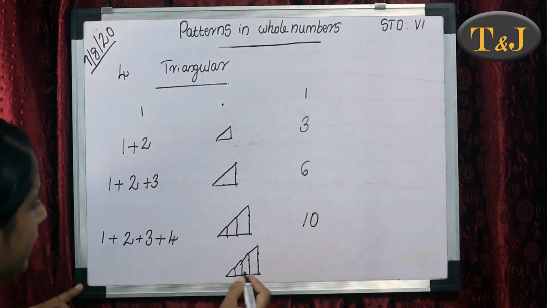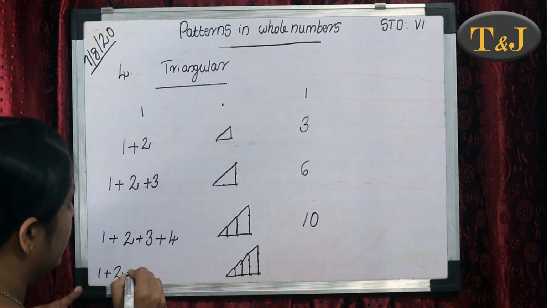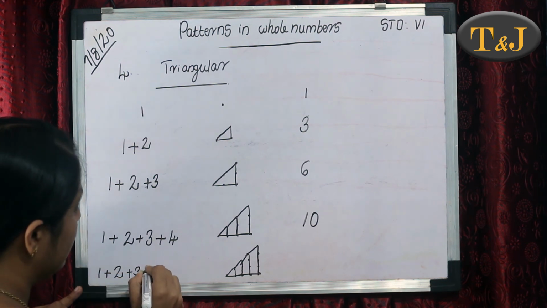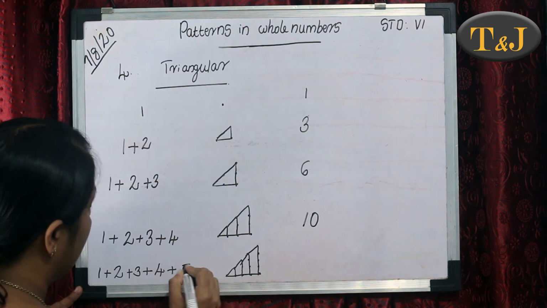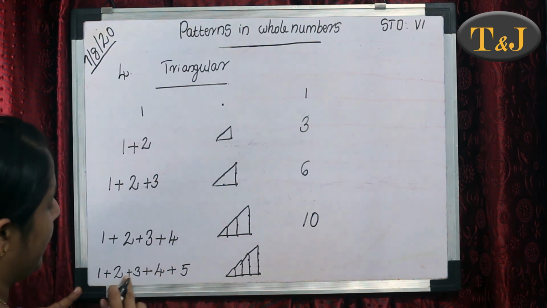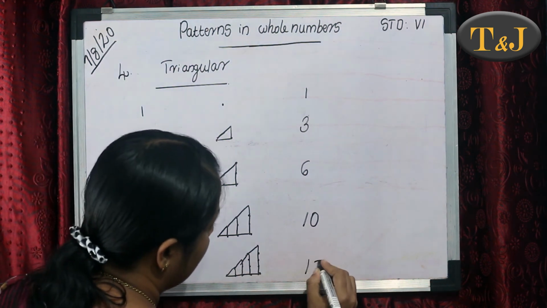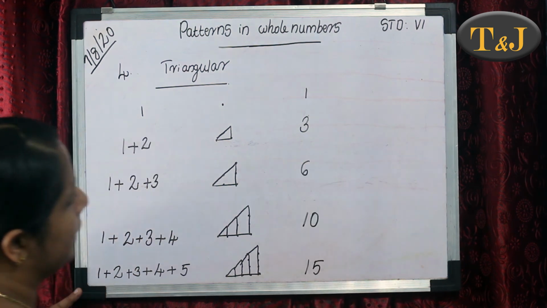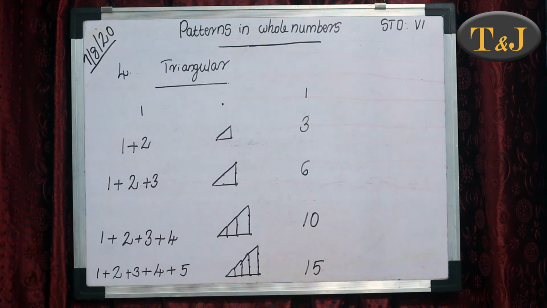So in our pattern we use 1 dot, then 2 dots, then 3 dots, then 4 dots, and last our base is 5 dots. So 1 plus 2 is 3, 3 plus 3 is 6, 6 plus 4 is 10, 10 plus 5 is 15. So in the triangular forms the pattern numbers are 1, 3, 6, 10, 15.